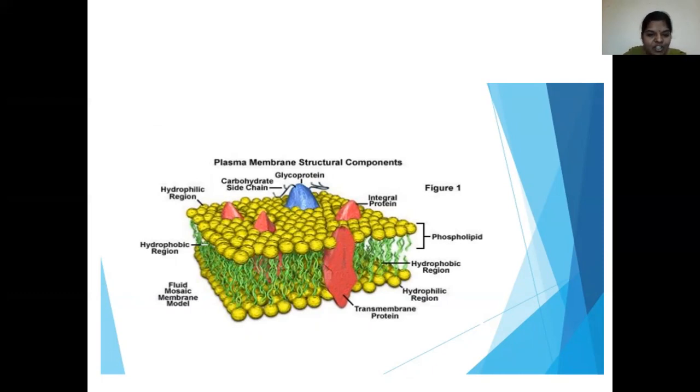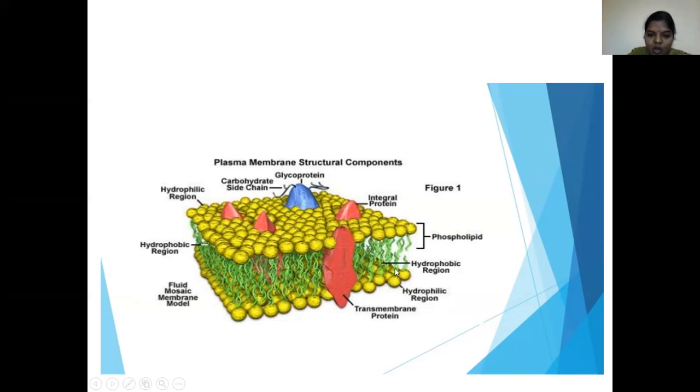So this is the structure of the cell membrane. See here, ma'am. This is the hydrophilic region. See here, hydrophilic heads and hydrophobic tail part. These are the transmembrane proteins. On the top of the cell membrane it has hydrophilic regions, and at the bottom of the cell membrane it also has hydrophilic regions. These look like heads, and this green color looks like tails.